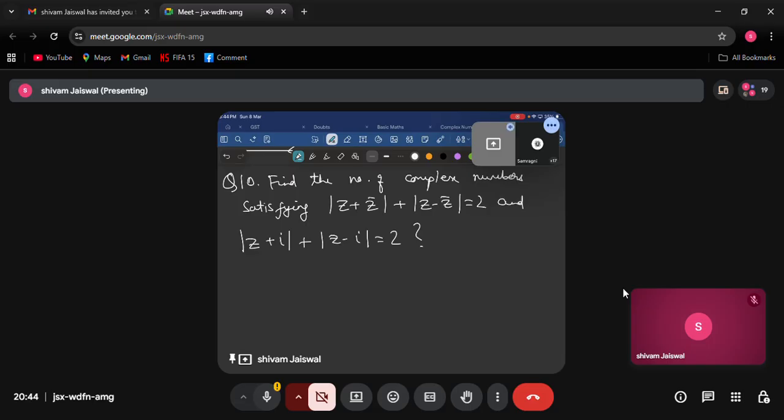Okay, let me start. It's very simple. Just identify the locus. Plot on the graph paper, RL plane. Just see how many points of intersection you are having. Very simple.